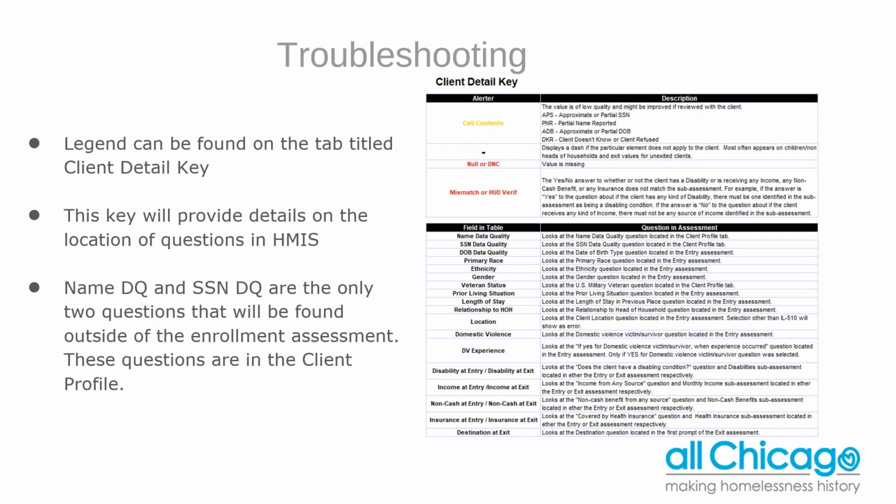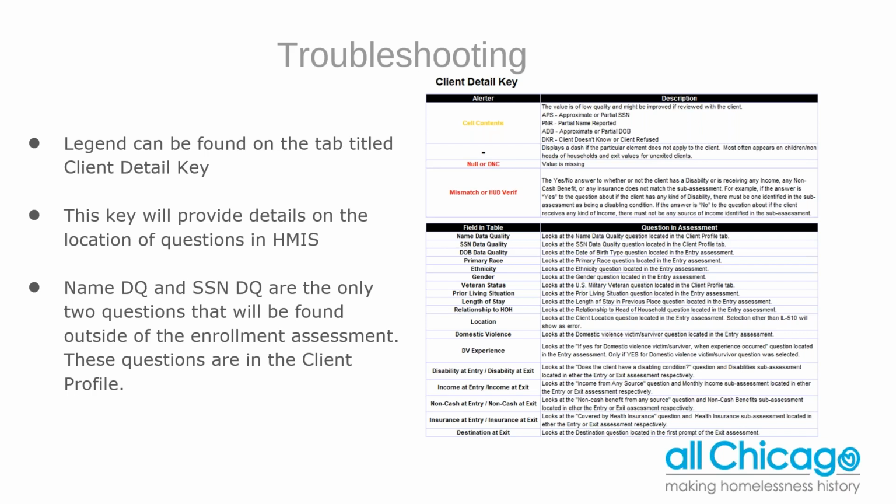Mismatch and HUD verifications only apply to sub-assessment data such as the disability, income, non-cash, and insurance. So for example, income: if you answer is this client receiving income and you answered yes, but in the sub-assessment you don't indicate an income for the client, that will report as a mismatch because you're saying that the client does have income, but then in the sub-assessment you're not indicating what that income is.